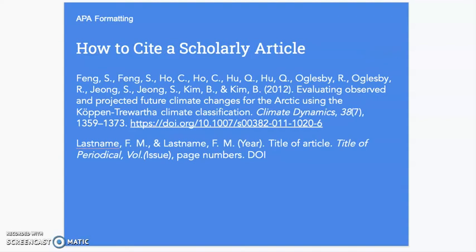Last thing about scholarly articles here is citing them. This is APA format here, and I've also linked that on your 2 sources and summaries assignment for this week. But you should have their last name and first name here at the beginning, and then the year it was published, the title of the article, the title of the periodical, the volume, page numbers, and DOI.